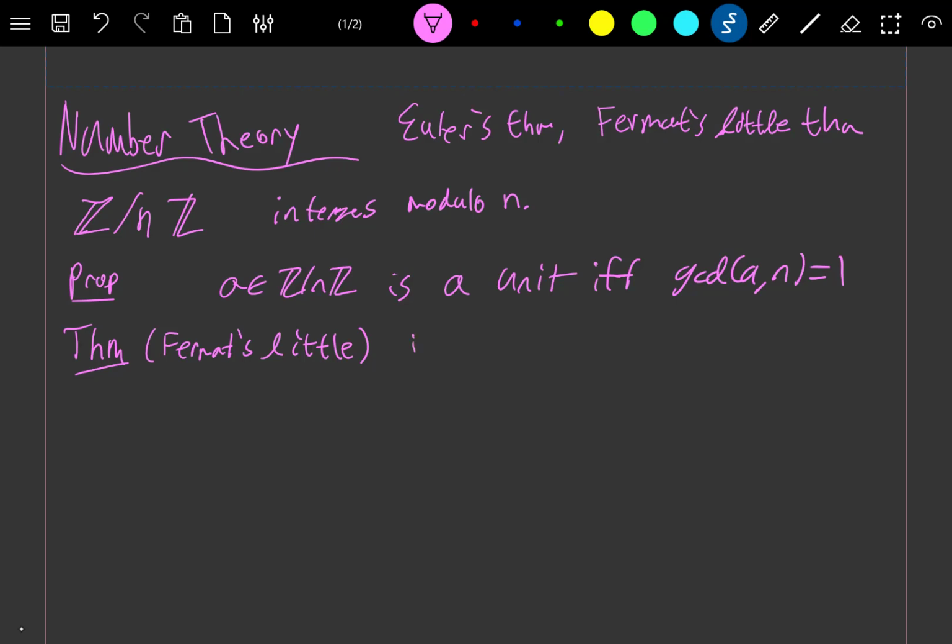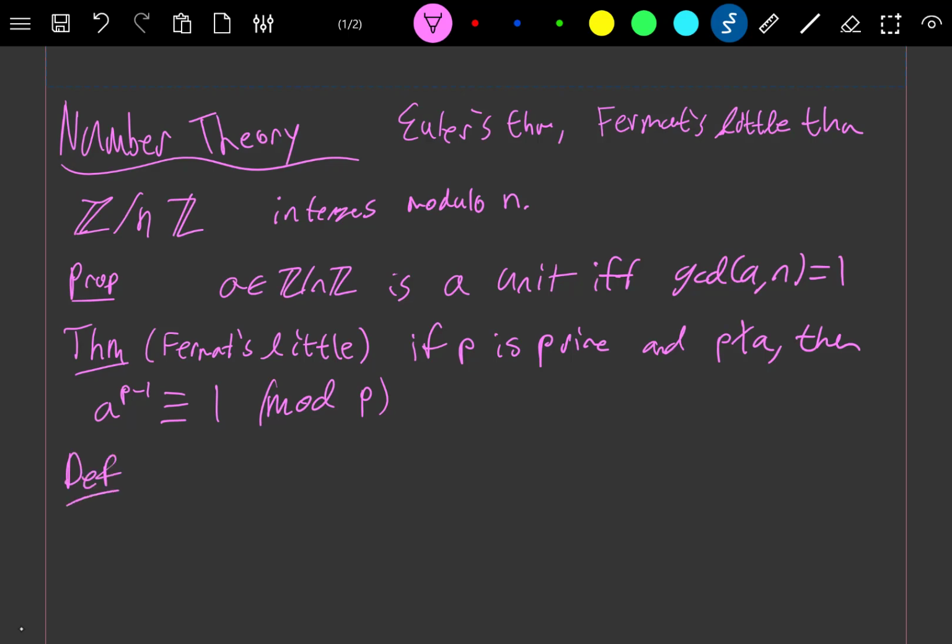This says if P is prime, and P does not divide A, then A to the P minus 1 is equivalent to 1 modulo P. So this is Fermat's little theorem.